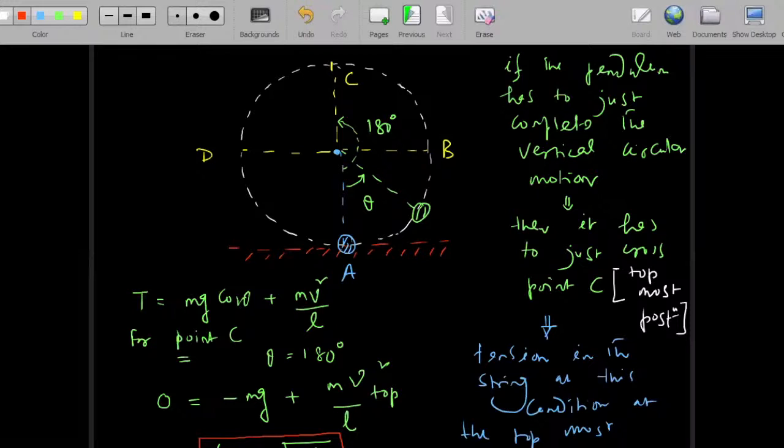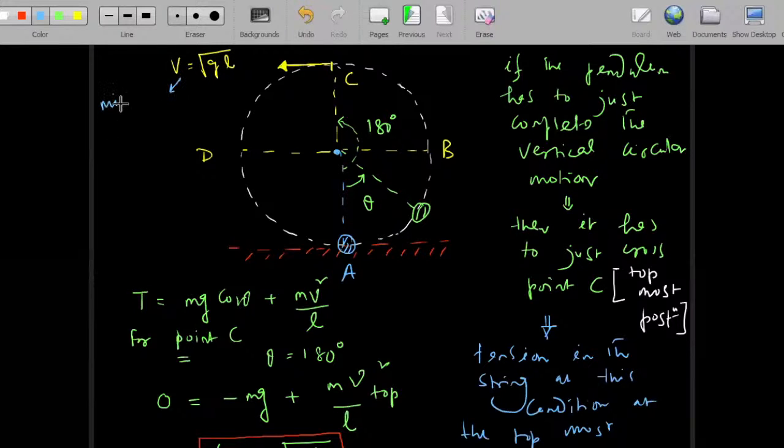So now, whatever velocity we got, the velocity at point C, V is equal to how much we got? Root under gL. So what is this?